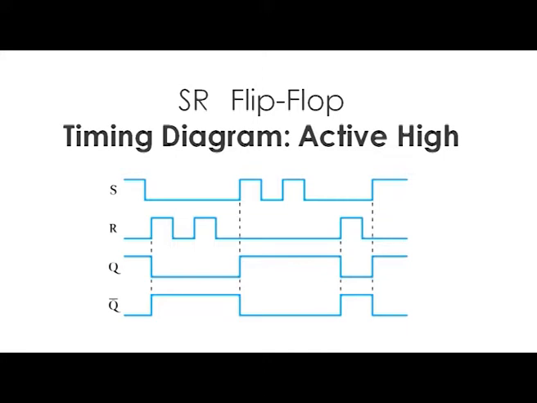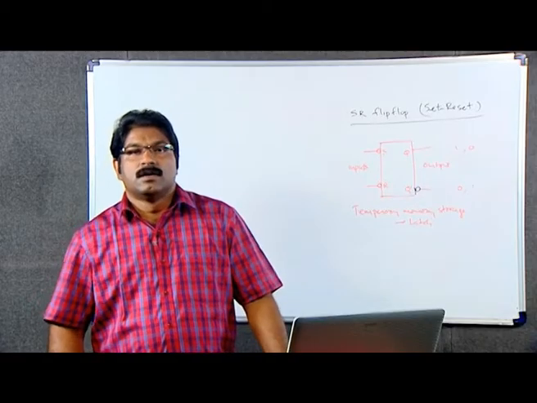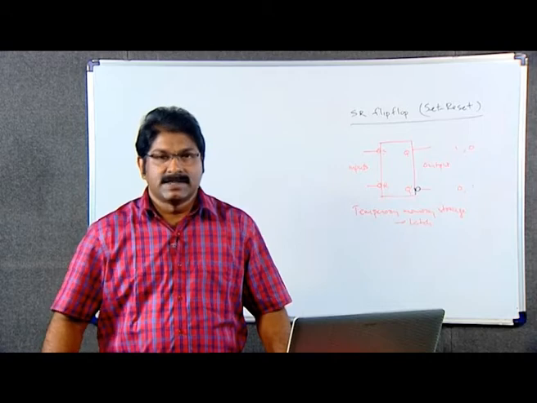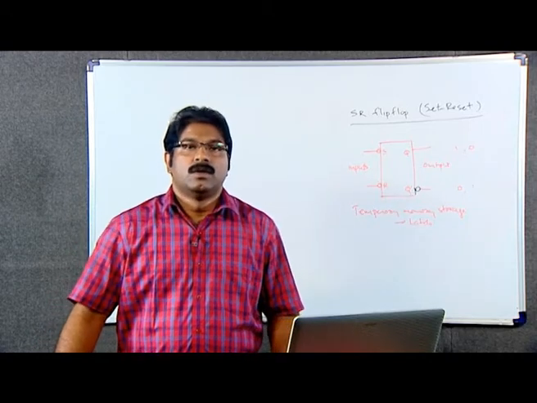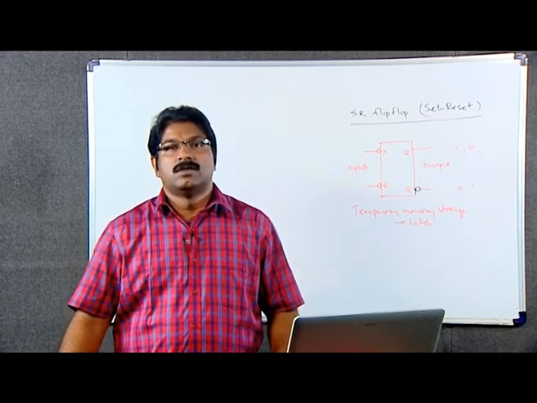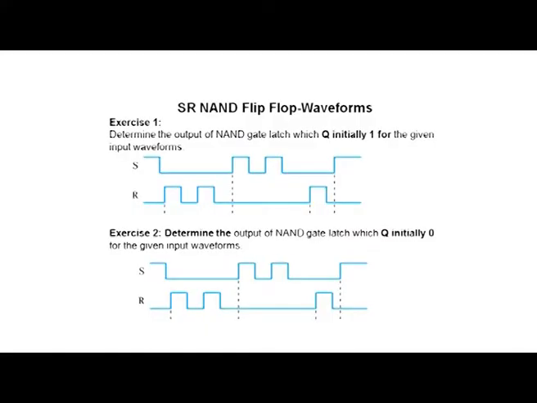Q will go high only when S again goes high and remain in that state. Now, I have given you 2 exercises. You can draw the outputs for these 2 inputs.